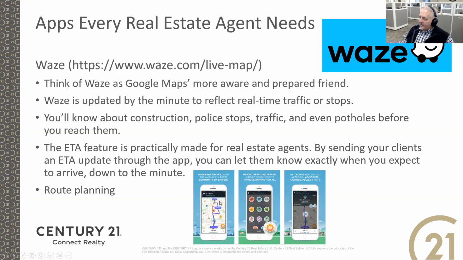I like it because it gives you route planning. It takes you around a particular traffic feature. I love the ETA feature. It's practically made for real estate agents. If you're on the way to a showing and you're going to be a few minutes late, forwarding your ETA to your client is a great asset.